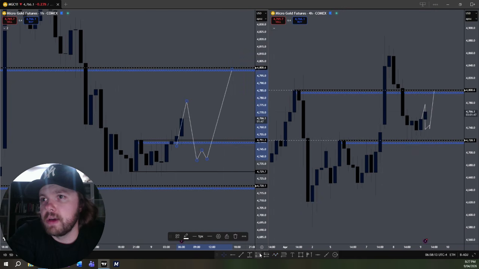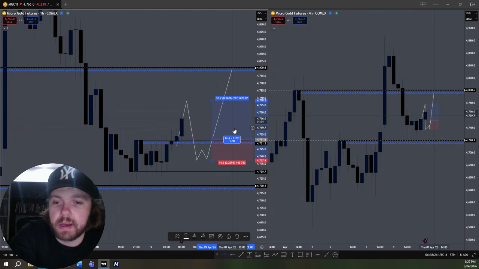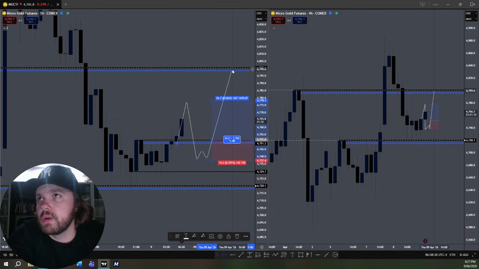We'd look for a buy entry for something like this. Stop loss would go somewhere below this swing low. Take profit would be your previous higher high. Simple as that. That's essentially one thing we could be looking for here.